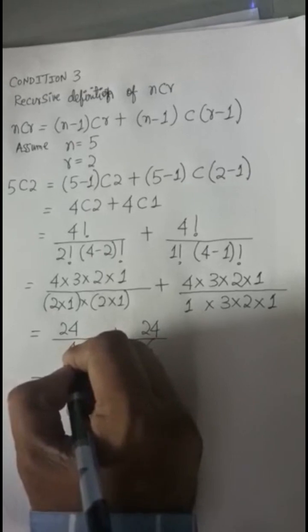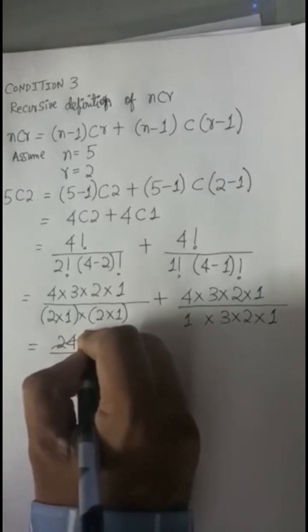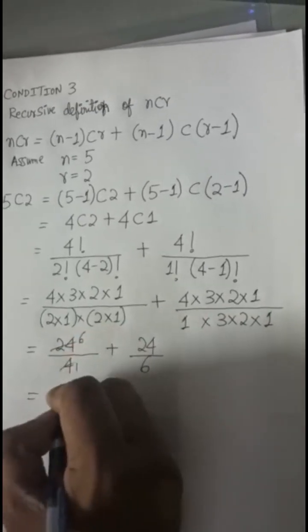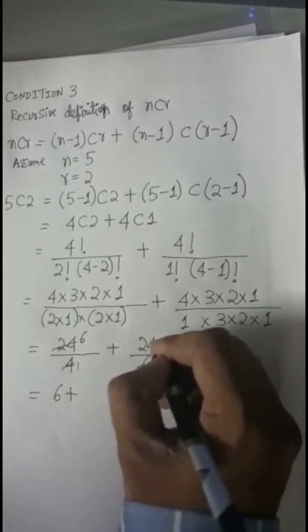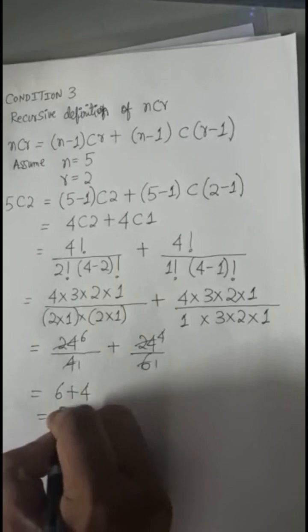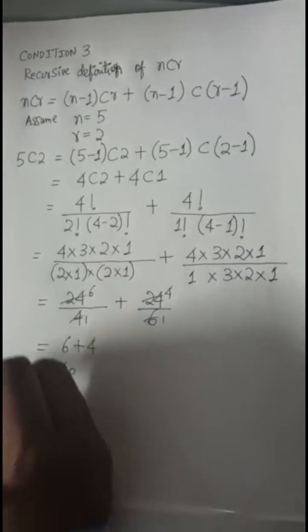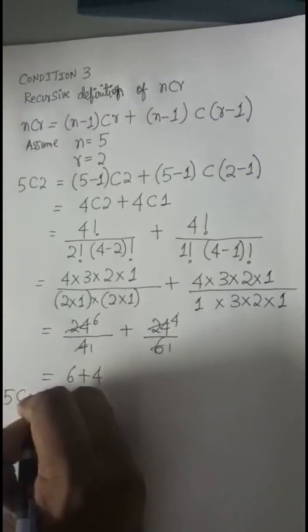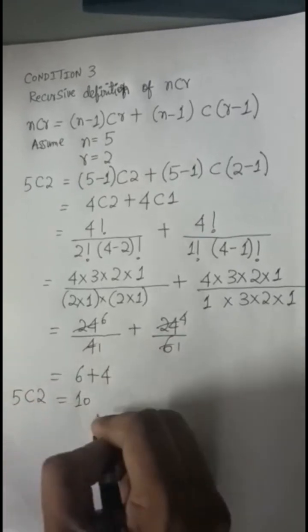So 4 ones are 4, 6 ones are 6. So 6 plus 4 will be equal to 10. So ultimately the nCr of 5C2 should be equal to 10.